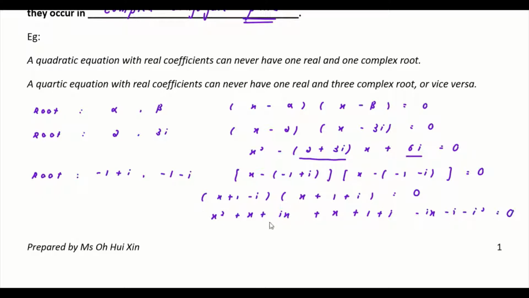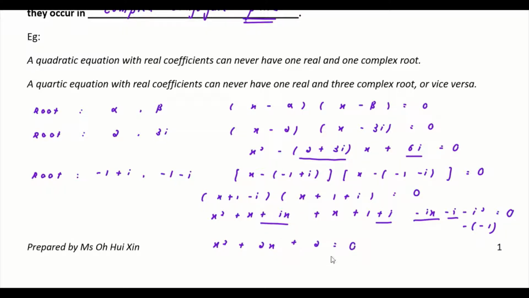You can see that the plus ix and negative ix are going to eliminate each other. Then you have plus i, then minus i. This i squared is actually negative 1, so this is actually minus negative 1. When we combine together, as a result we get x squared plus 2x plus 1 plus 1, so plus 2 equals 0.